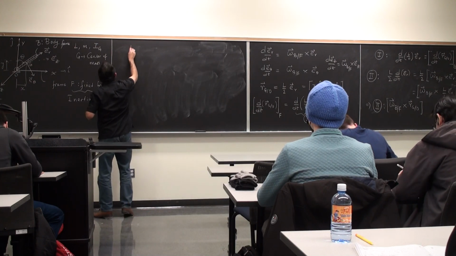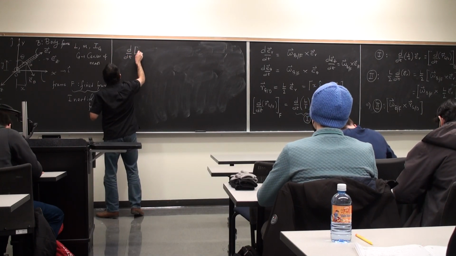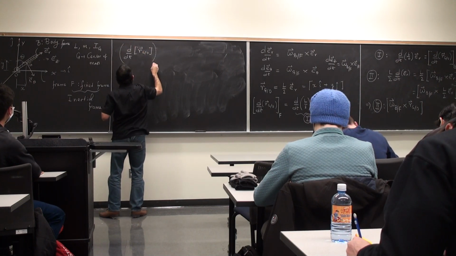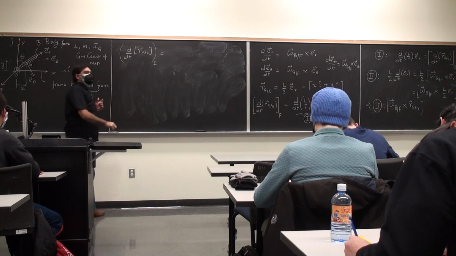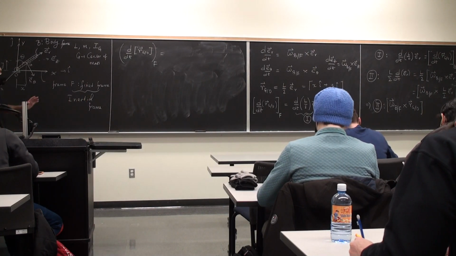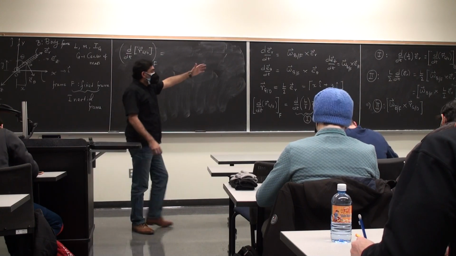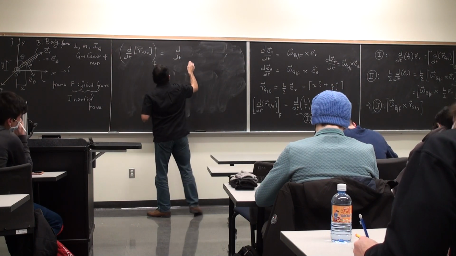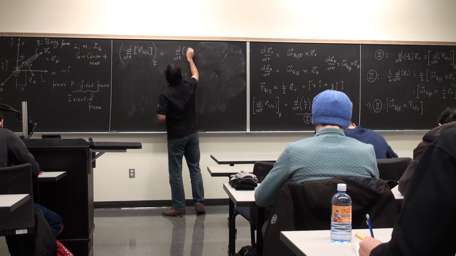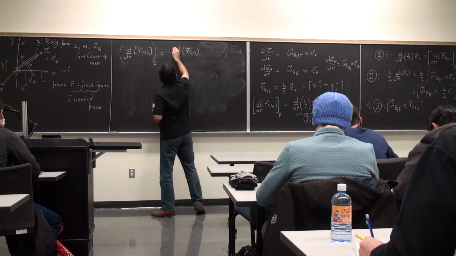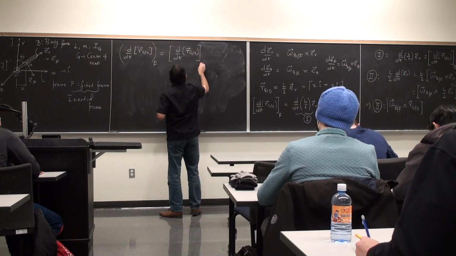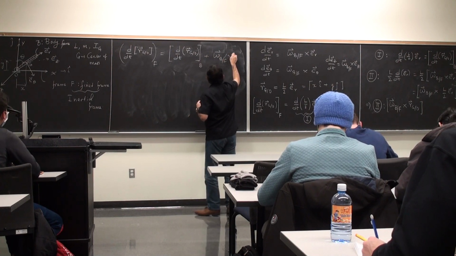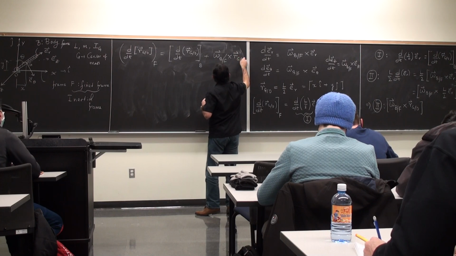I'm going to have d by dt, as seen by an observer in the fixed frame, equal to the rate of change of the position vector in the body frame, plus omega cross the position.